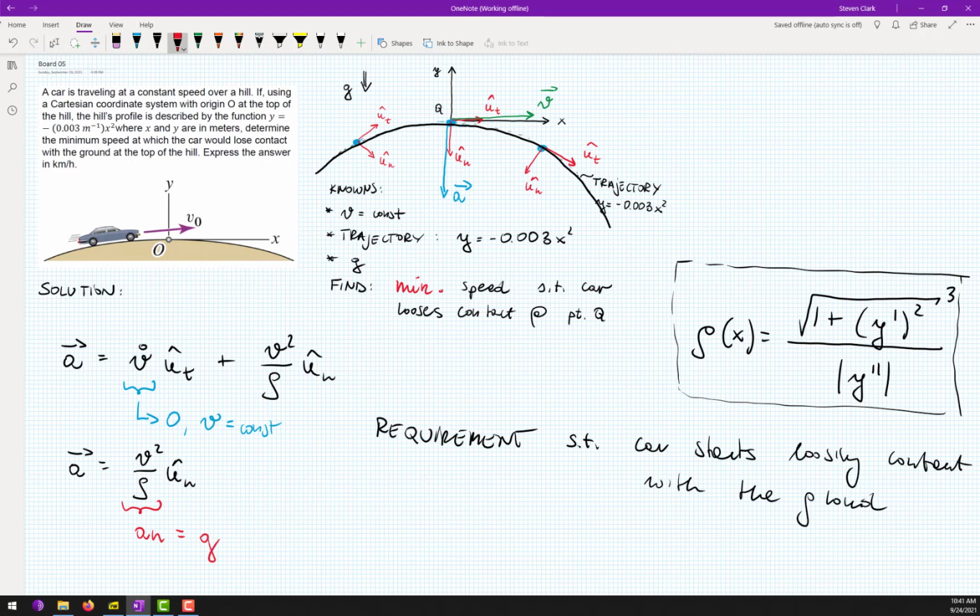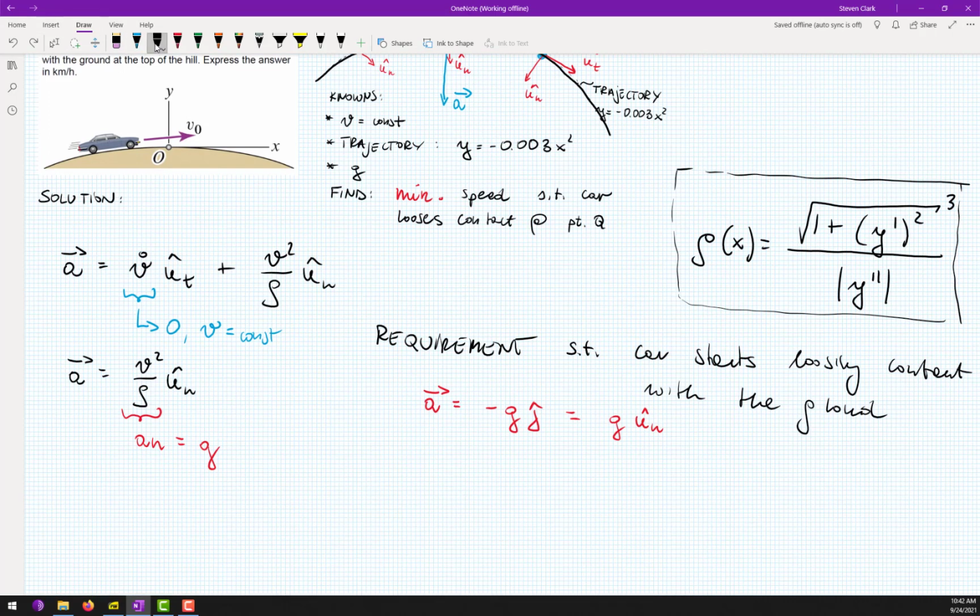In other words, if you want to talk in vectors, you can write that the requirement is a vector equals minus g j, or g u_n. You can see that u_n and j point in opposite directions at this point: j points upwards, u_n points downwards. Great.